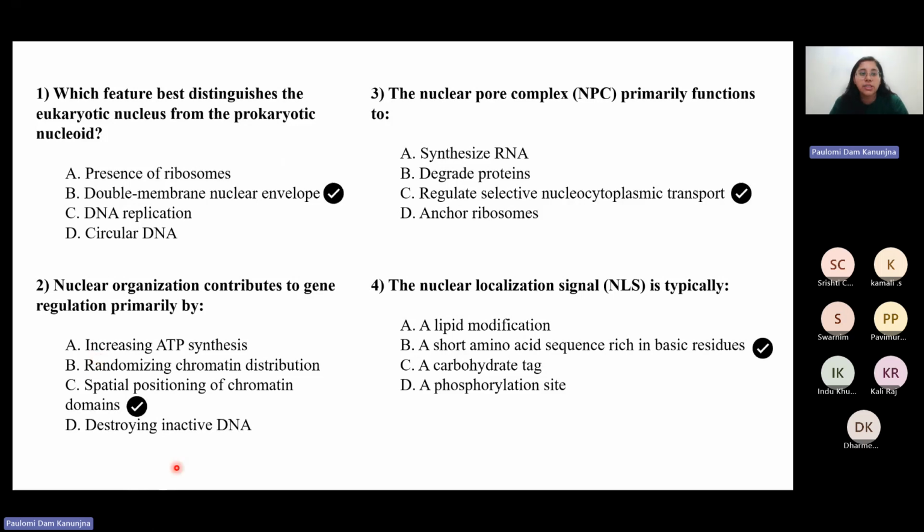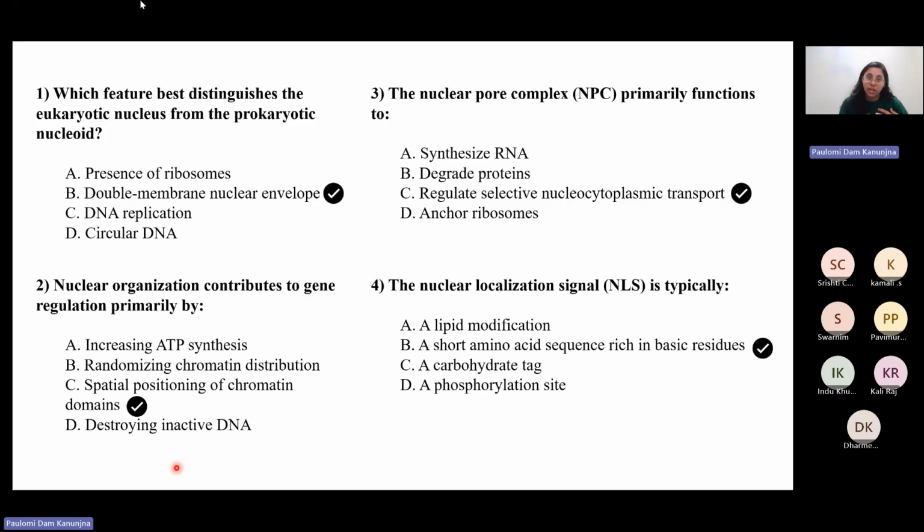So the answer is on the slide. The first one says, which feature best distinguishes a eukaryotic nucleus from the prokaryotic nucleoid, which is basically the double membrane nuclear envelope. You already know that the nuclear material in prokaryotes is not very structurally compact; it's just a matter which is there in the cell.